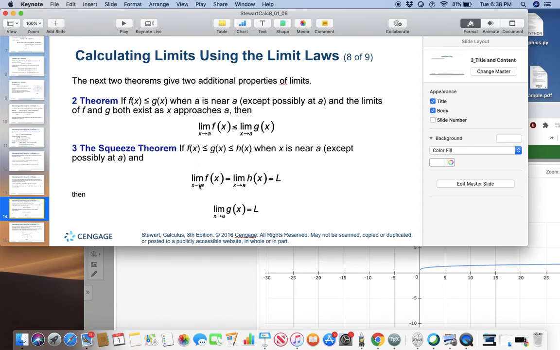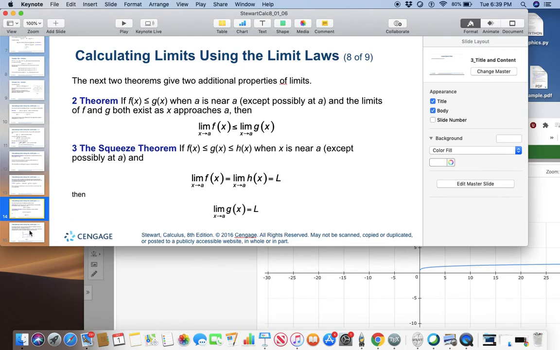Now, if the end functions approach the same number L, then the middle function has to approach the same number L. So, important point, g is sandwiched between f and h. Both f and h approach the same number, then the middle guy has to approach the same number, okay?